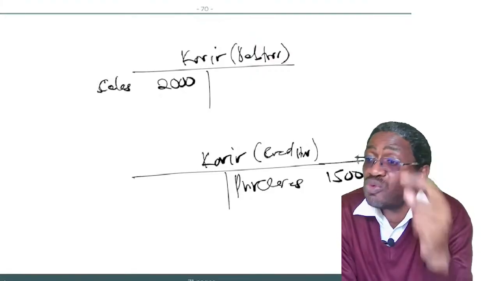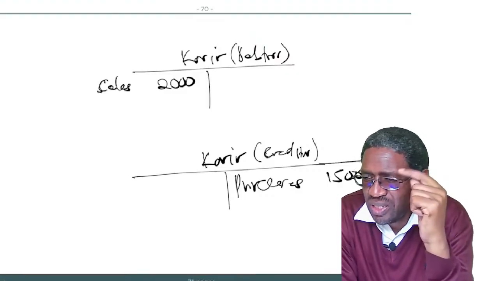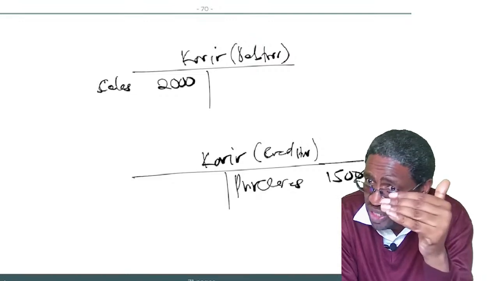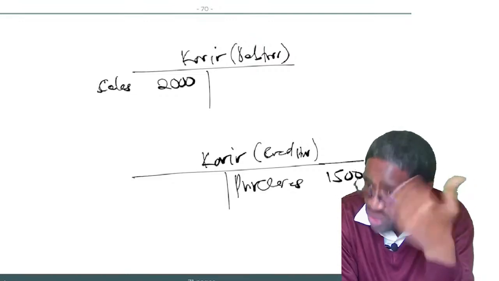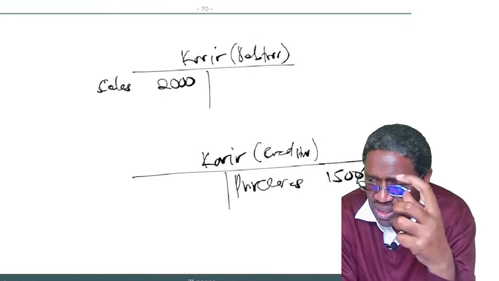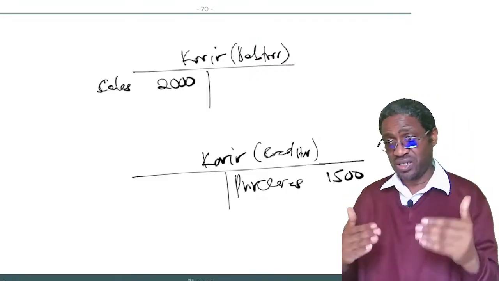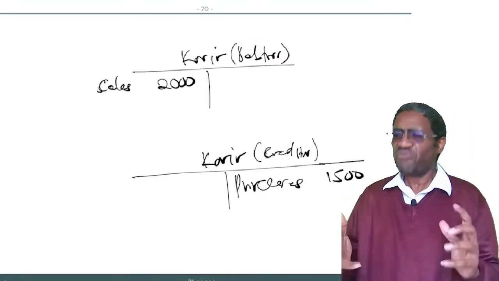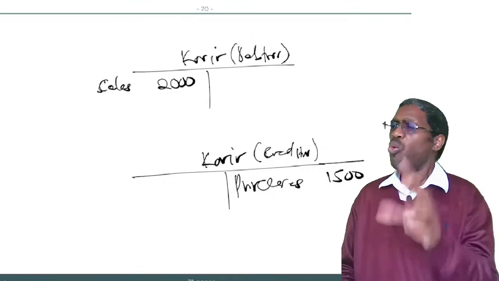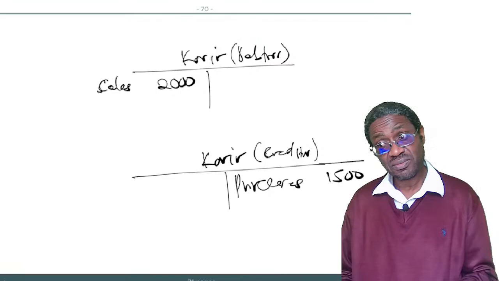So what do you have to do as a business? Listen, you don't have to wait until he pays you 2,000 so that you give him 1,500. No. What you do is offset the two balances so that you find out who owes whom the difference of 500.